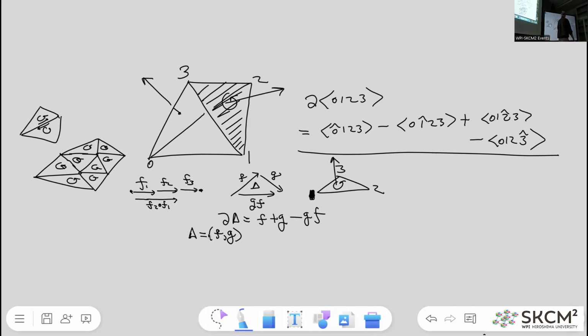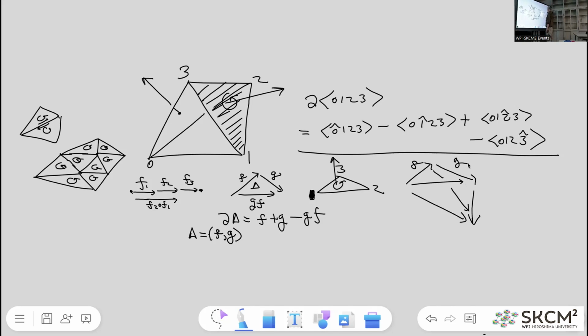All I'm saying is that you can read off from the composition of morphisms what the boundary ought to be. If you have more than these, you see what it will look like. You'll have this edge, you'll have that edge, and you'll have this edge. And so if you had F, G, and H, and then this is GF, and this is HG, and this is HGF, right?